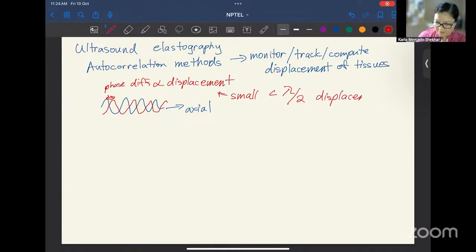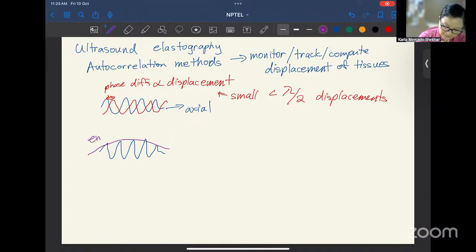Now you have what's called the spatial correlation method. In this case, you're now looking at the envelope. So if you have your signal that looks something like this, an axial signal, you would need to calculate the envelope, which we had described in an earlier slide.